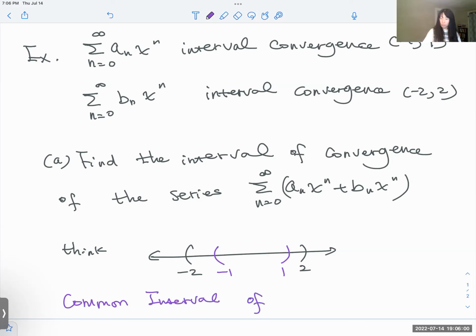Would it be -1 and 1? Yes. So -1 and 1 is inside the -2 and 2, right? So yes, the common interval of the addition is -1 to 1.